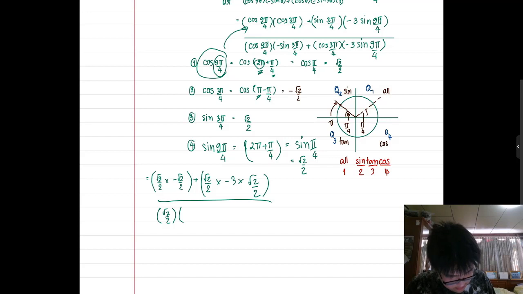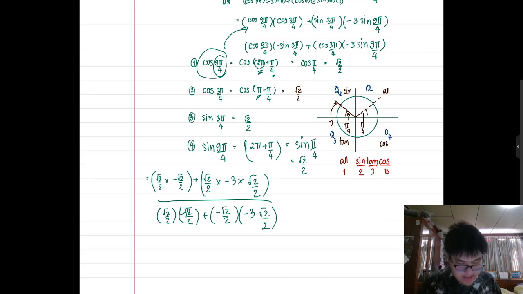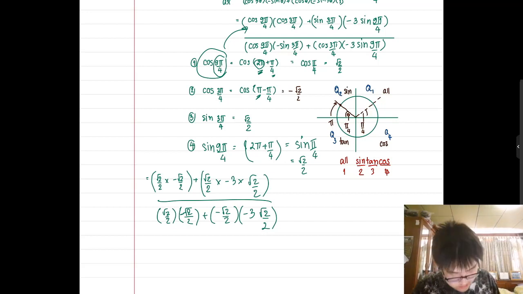Negative sine 3 pi over 4 is negative root 2 over 2, plus cosine 3 pi over 4 is negative square root 2 over 2, negative 3 sine, which is also square root 2 over 2. Then you can see it has many terms of square root 2 over 2, so you can cross them out together.